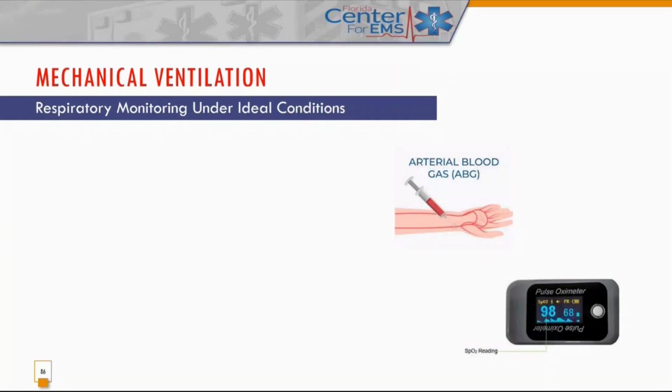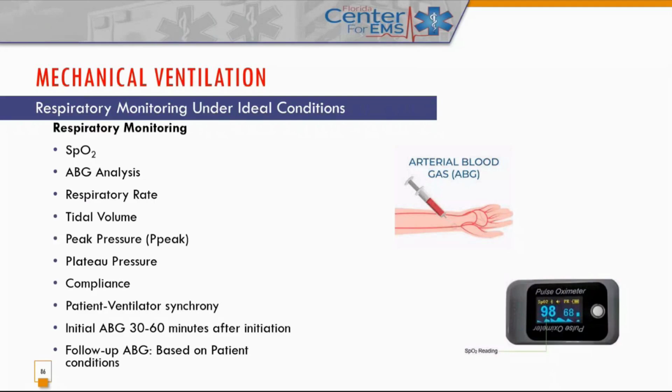So, respiratory monitoring under ideal conditions. These are the things that you would want to monitor as much as you can: the SATs, the ABGs, all the stuff you've heard about all afternoon. The tidal volumes, the pressures, the plateau pressure, which tells you about compliance, and we'll talk about plateau pressures another time.